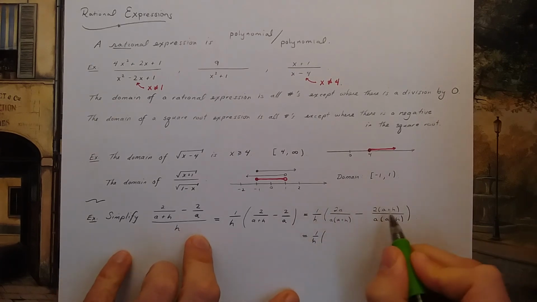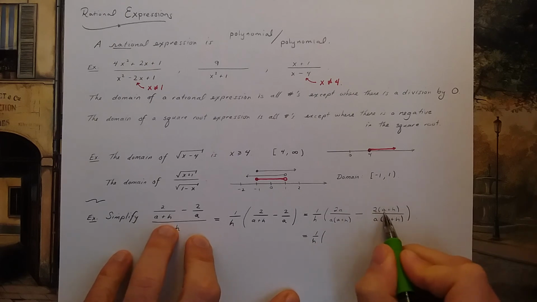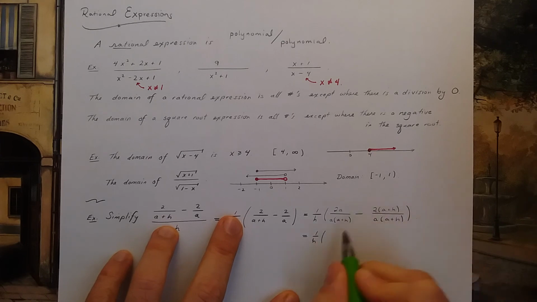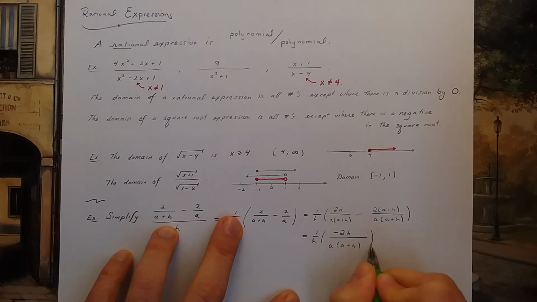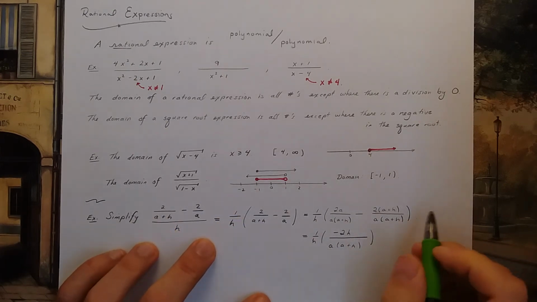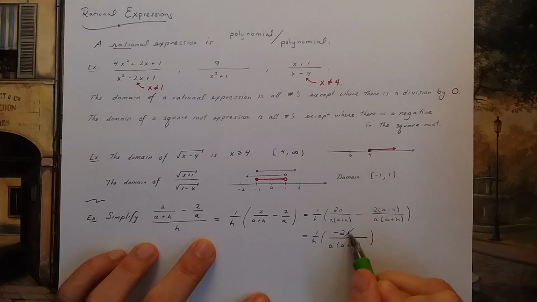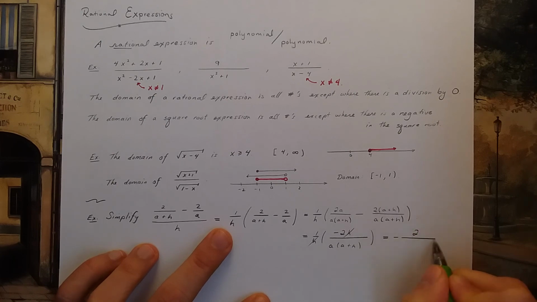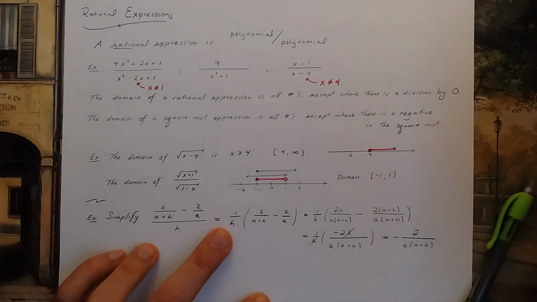So I'm going to get 2a minus 2 times a. Those cancel. Then I'm going to have minus 2h left on top. And on bottom I have a times a plus h. And to finish up the problem, I will cancel the h on top with the h on bottom and end by writing down -2 over a plus h. Okay, wonderful.